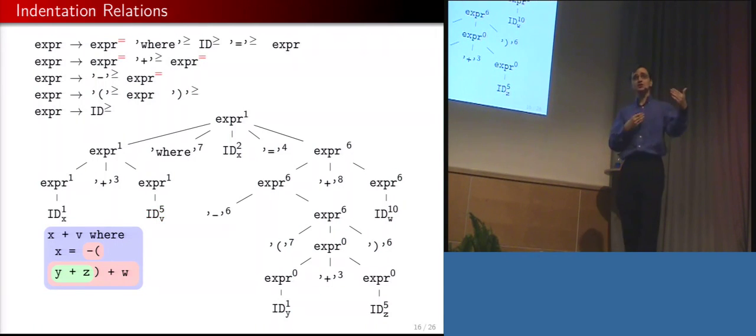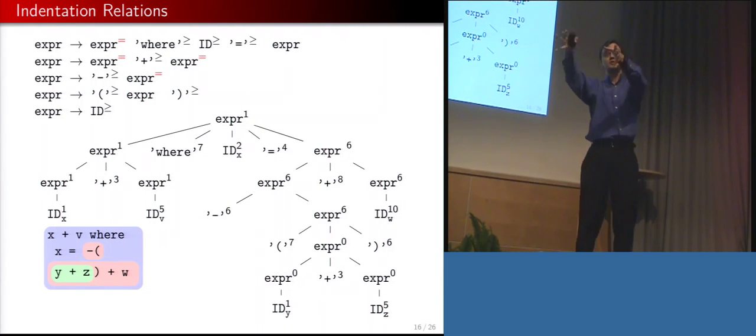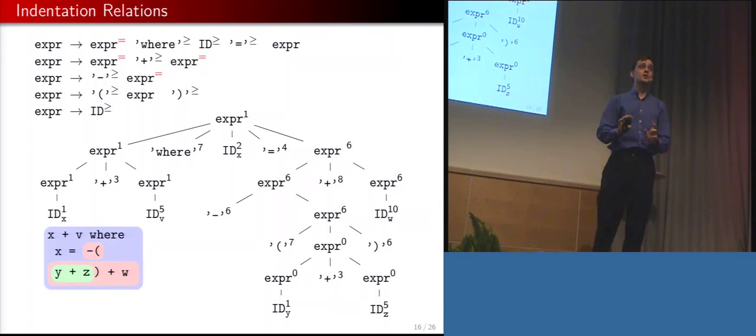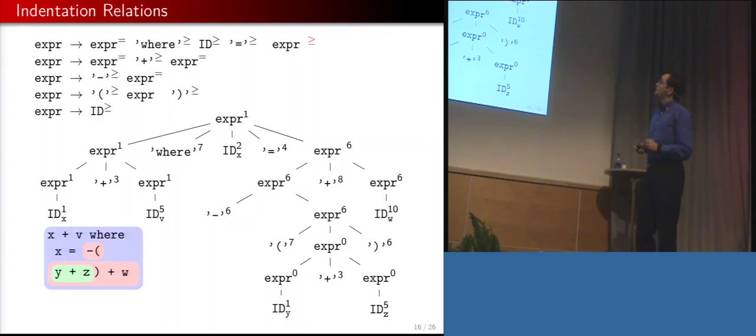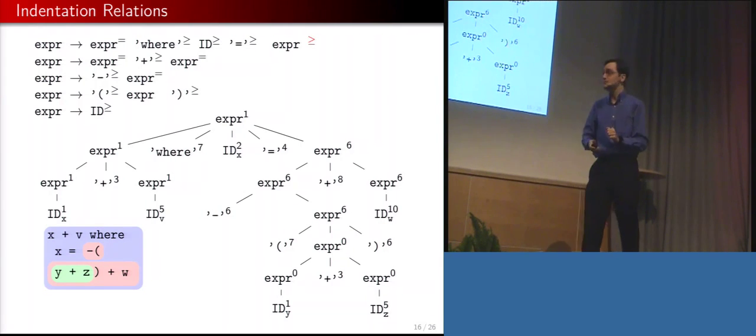Similarly, most expressions don't actually involve indentation. So for those, we want to keep it the same because we don't want to start a new region. So we're going to annotate those with an indentation relation of equality. For the cases where we do want to adjust our indentation, for example the right-hand side of equality, we're going to annotate it with a greater than or equal to indentation.